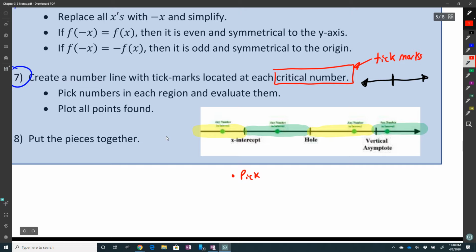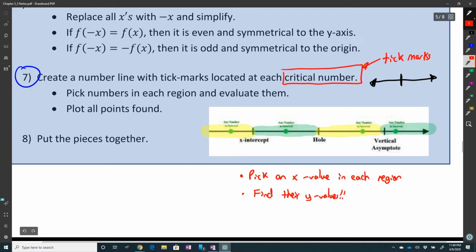And it says it up there too. It doesn't matter where. And find its y value.